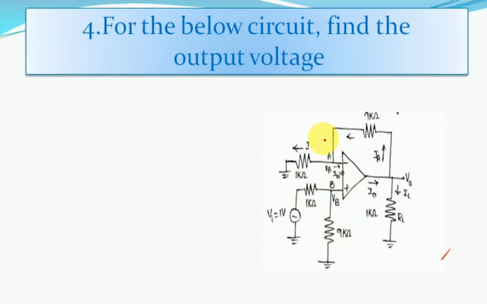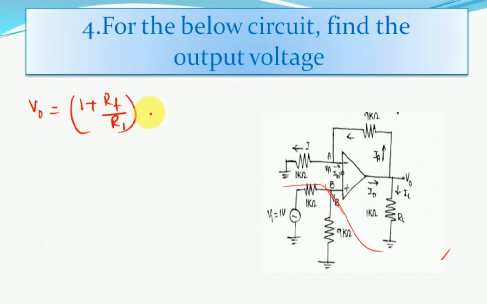Up to here I can say that it acts as a non-inverting amplifier circuit with the input voltage VB. So first I will write from the definition of ideal non-inverting amplifier circuit, that is V0 as 1 plus Rf by R1 into input voltage.